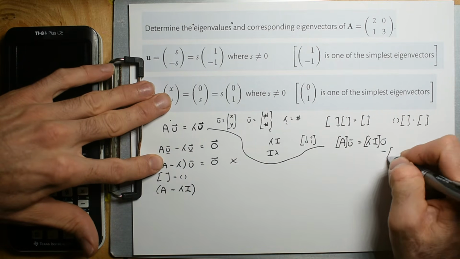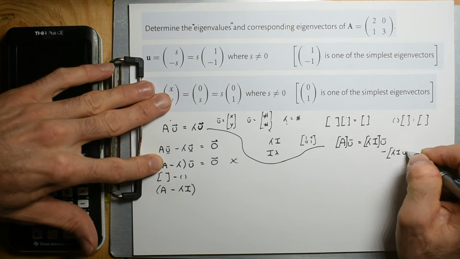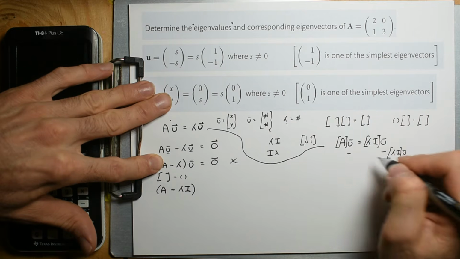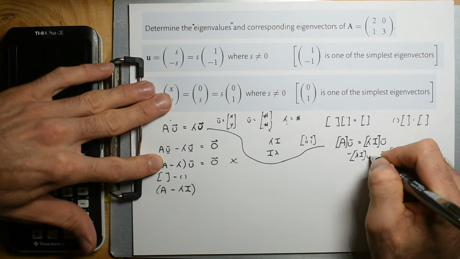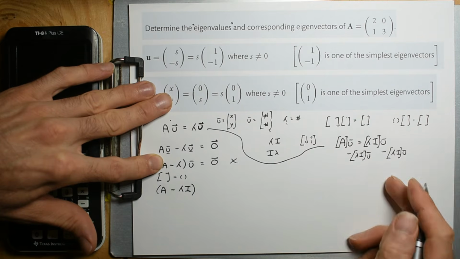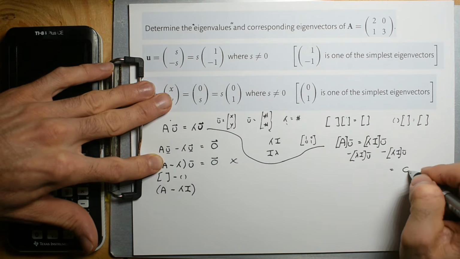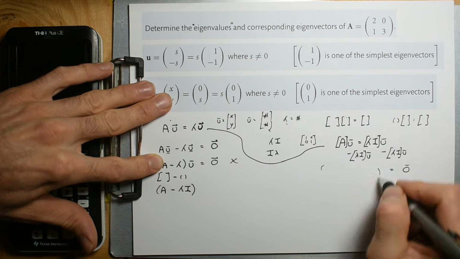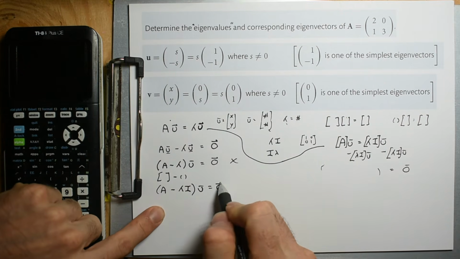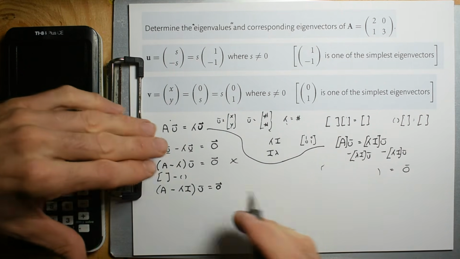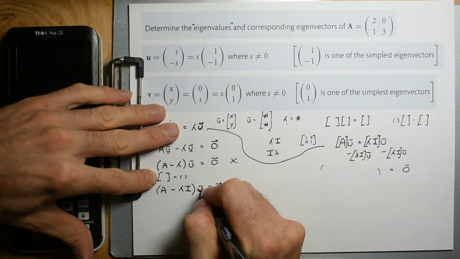We would subtract this from both sides, and then we're just left with that 0 vector. So that's going to be the first huge part of the proof.